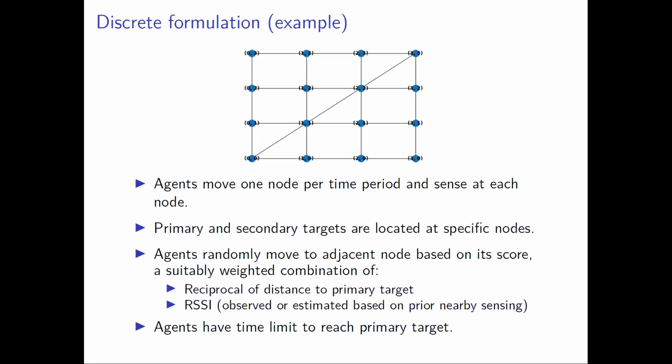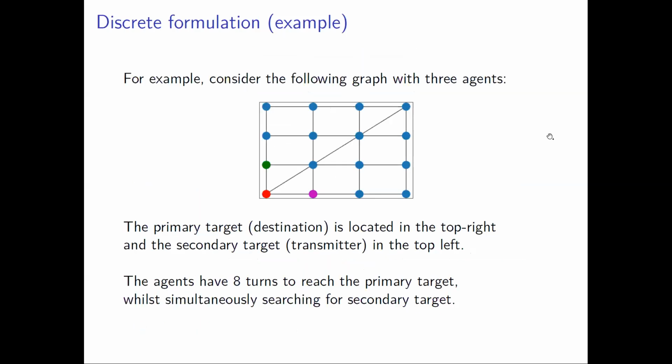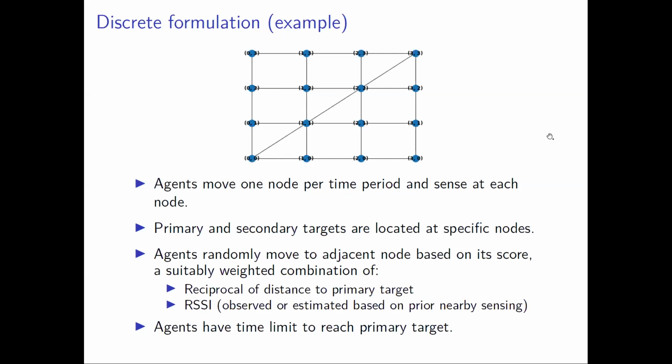To decide whether an agent should move to an adjacent node, we randomize this procedure. We take a random draw from the distribution of scores for all the adjacent nodes. You can think of that as a weighted dice. We roll a weighted dice, and based on the weights, which are given by these two pieces of information, we decide which adjacent node an agent should move to.